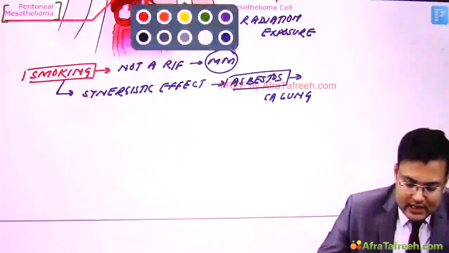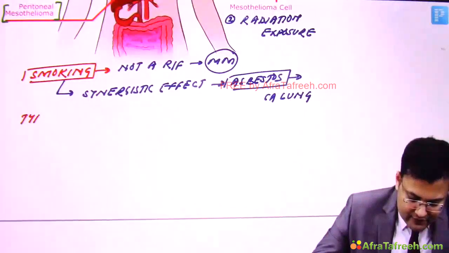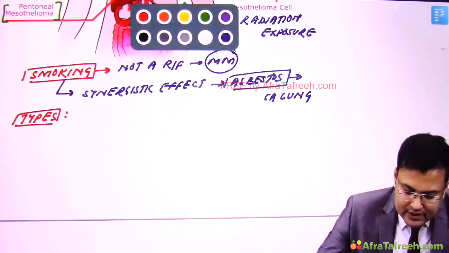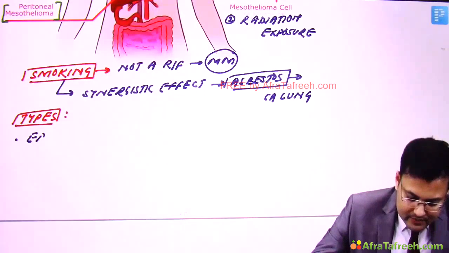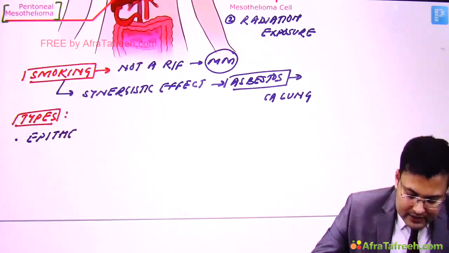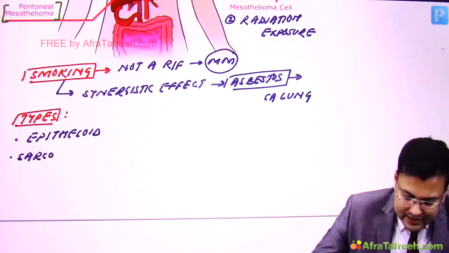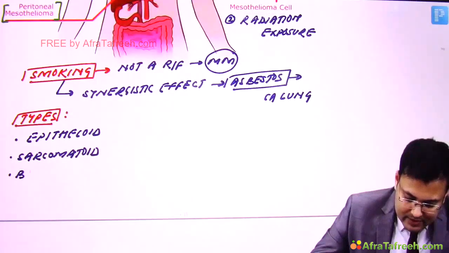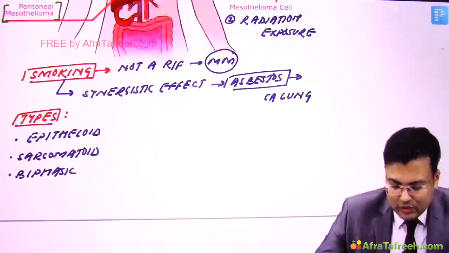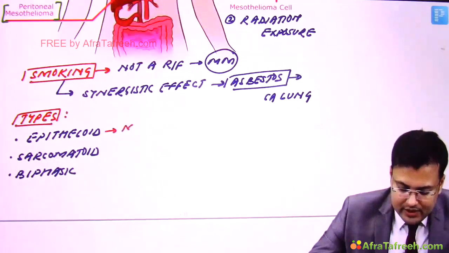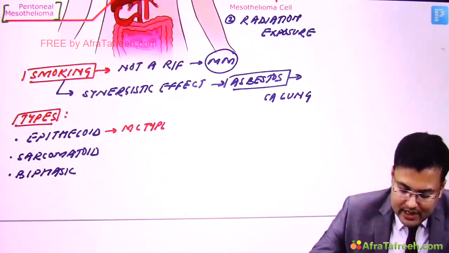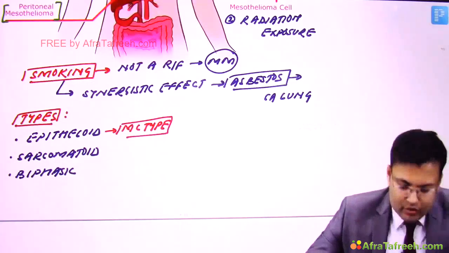So the types of malignant mesothelioma: first is epithelioid, second is sarcomatoid, and third is biphasic. Out of these three, the most common type is epithelioid, and it has a favorable prognosis.